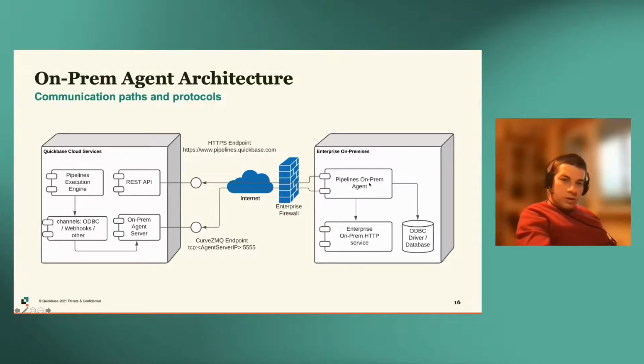So once this software component is started, it initiates a standard HTTPS connection to the Quickbase cloud services via a standard REST API in order to get initial configuration, dynamic encryption keys, and all kinds of initial data. Once this configuration is retrieved over this HTTPS endpoint, it opens the single TCP socket, which is used to tunnel the actual data.